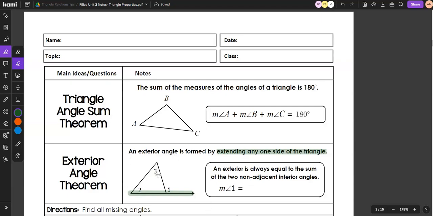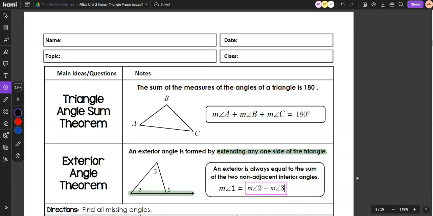So whenever we have an exterior angle, we can add up the remote interiors. Those are the interior angles that don't touch it, and that will give us the answer that we're looking for. So in this case, the measure of angle 1 is equal to the measure of angle 2 and the measure of angle 3.